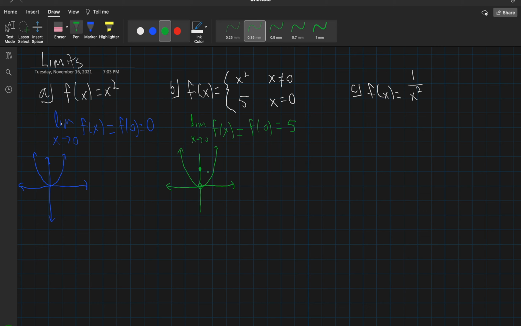So as we can see graphically, when we approach from the right, our value seems to be tending towards 0. And when we approach from the left, our value also seems to be approaching 0. So this is where we have to be careful, because our value isn't agreeing with what our right hand and left hand limits are indicating.